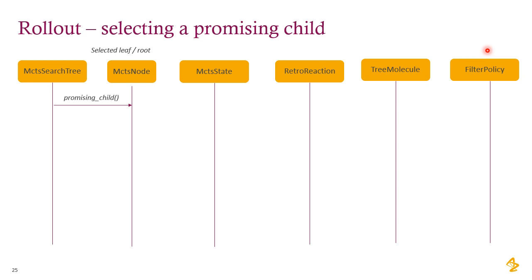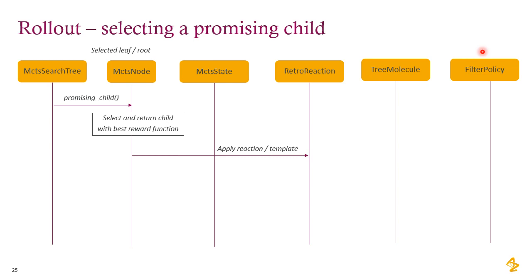So the first thing is that the Monte Carlo search tree will call the promising child, and then we will compute the UCB scores and return the child with the best reward function. We do that by doing the following.